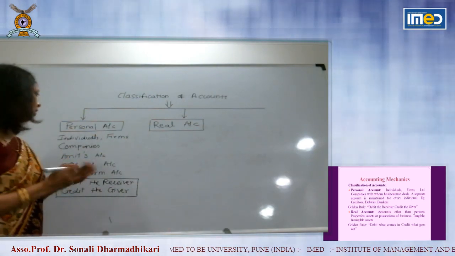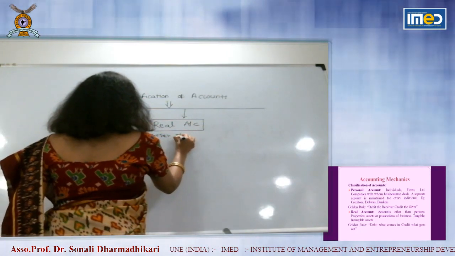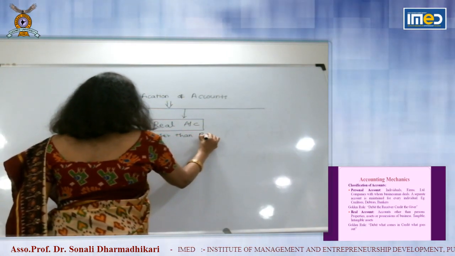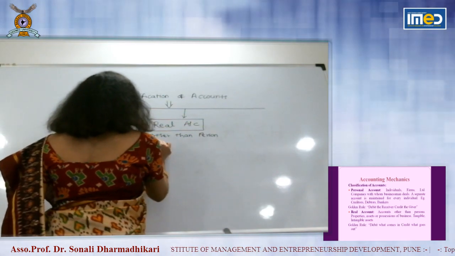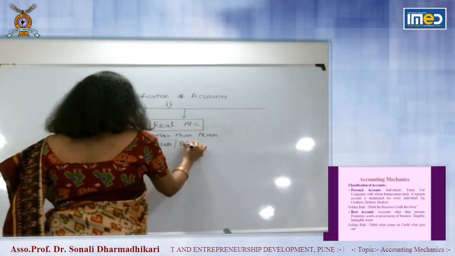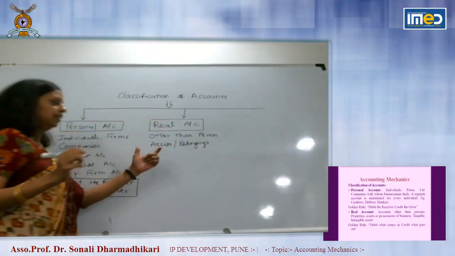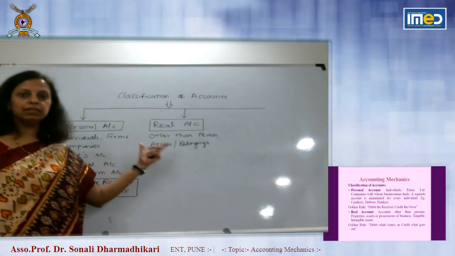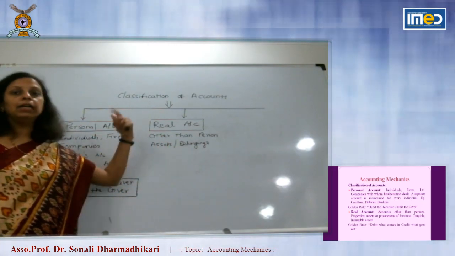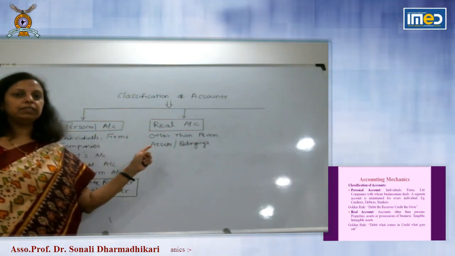So all accounts other than person, they should be assets or belongings of business. Assets or belongings of business come under real account. So all types of properties.